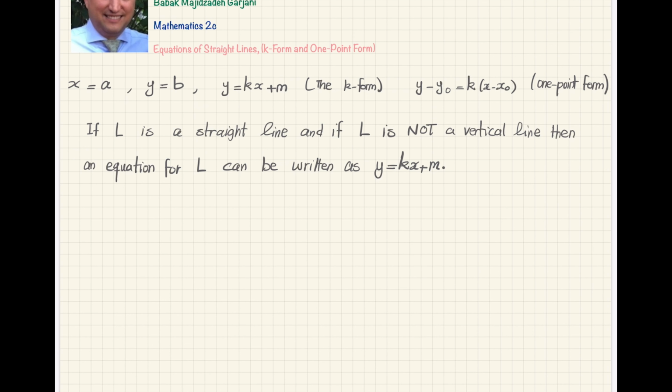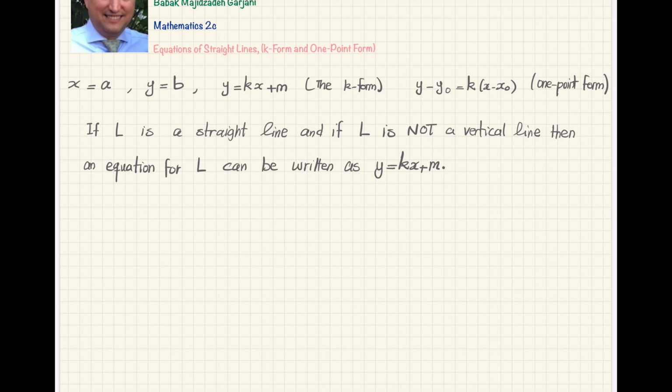So most of the time the equations of lines are of this form, except the vertical lines. If I have a vertical line, I cannot get it from this equation. Is that understandable?